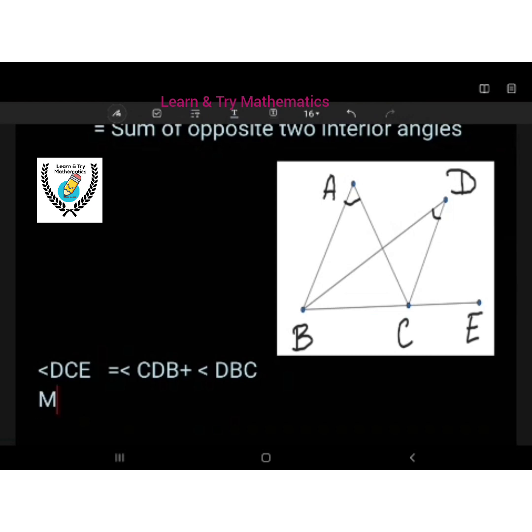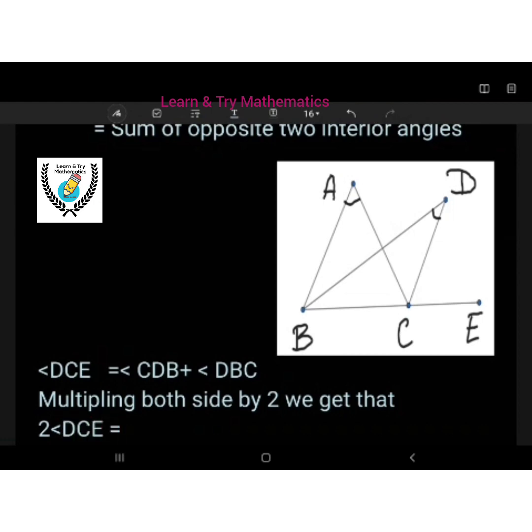Multiply both sides by 2, we get 2 angle DCE equal to 2 angle CDB plus 2 angle DBC.